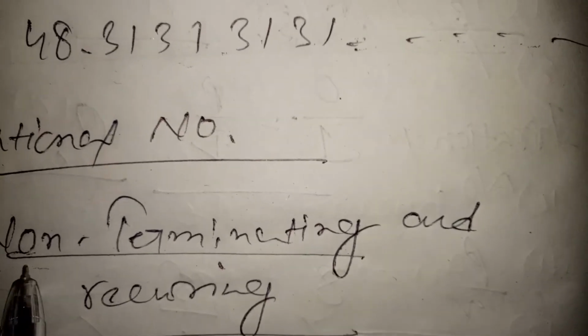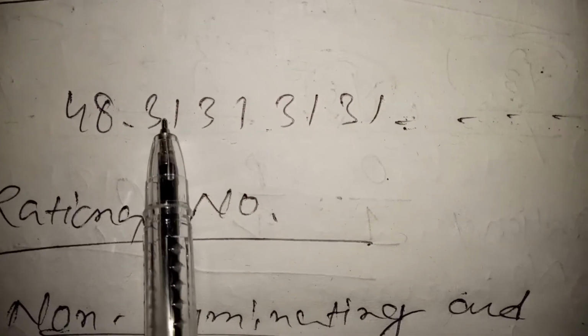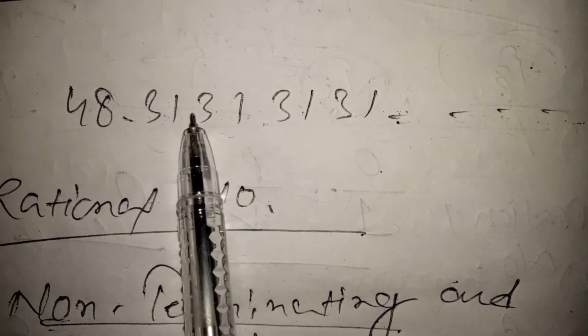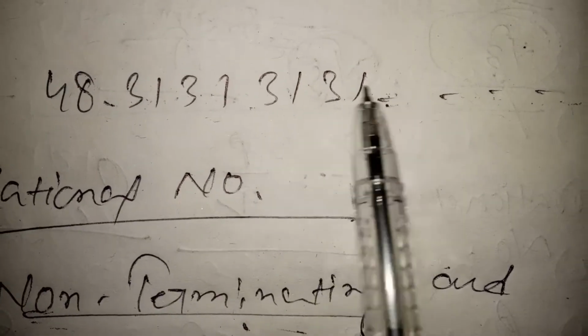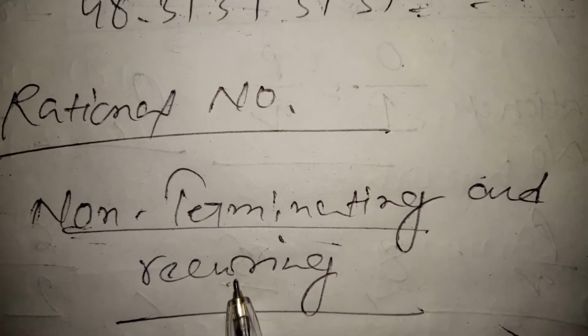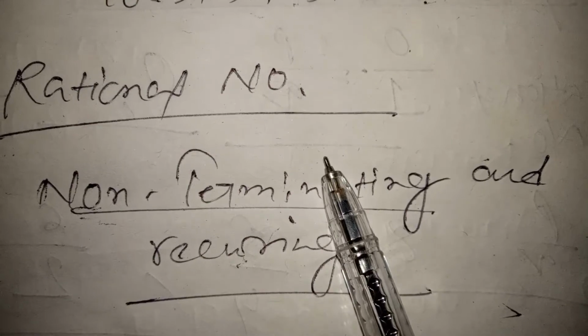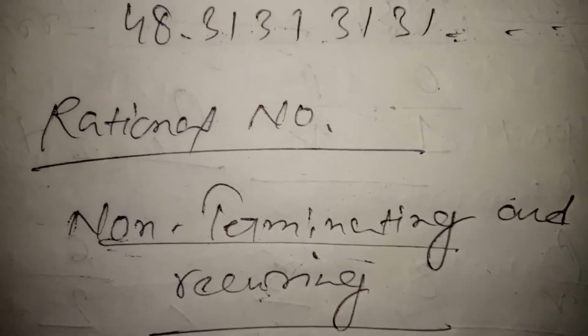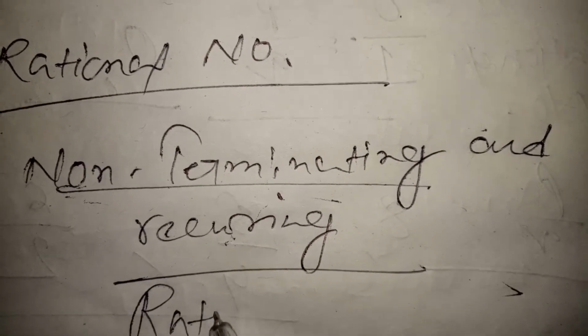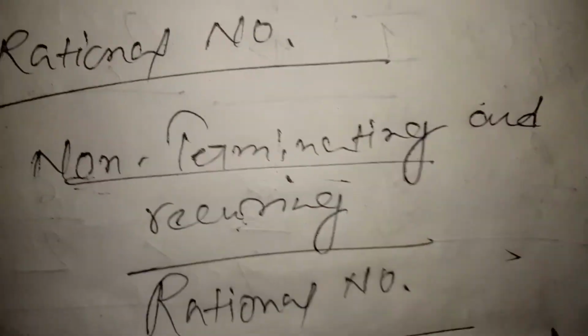And recurring means the same number is repeating, 31 31 after the decimal, 31 31 31 31 31. So it is called recurring or repeating. So if the decimal expansion is non-terminating and recurring, then it will be called a rational number.